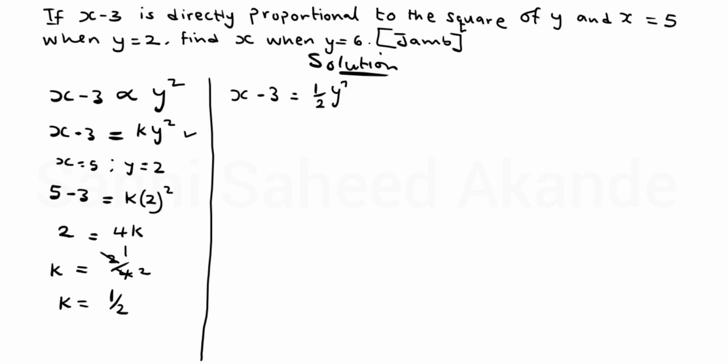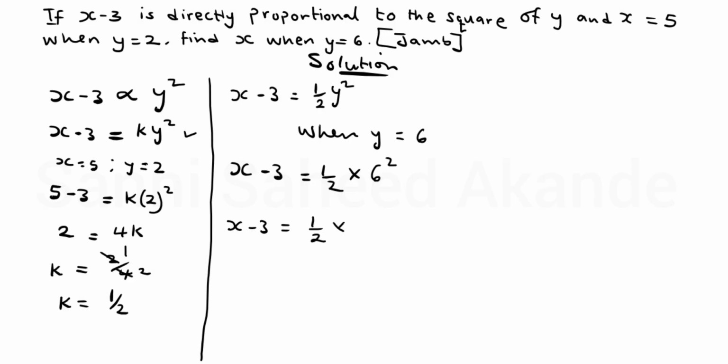So I'm going to say when y is equal to 6, then we have x minus 3 equal to 1 over 2 times y squared, and the value of y is 6, then all squared. Understood? All right, so we now have x minus 3 equal to 1 over 2 times 6 squared, which is 36.